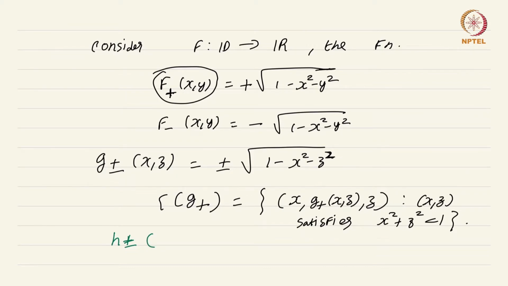This time I'm going to consider h of (y,z), which is equal to plus or minus the root of 1 minus y squared minus z squared. So I want you to mull over this example for some time and convince yourself that the union of the graphs of these 6 functions will be exactly the unit sphere in R3.